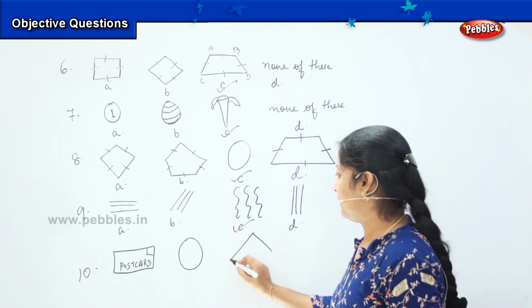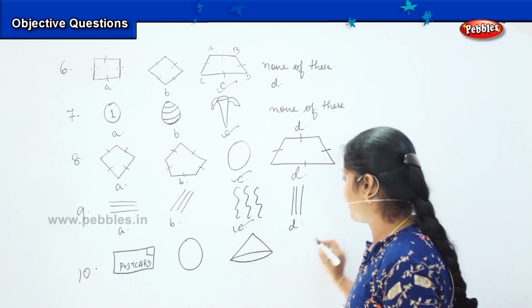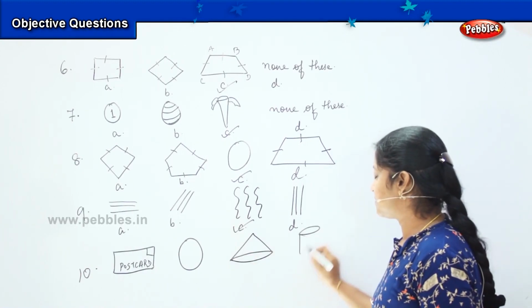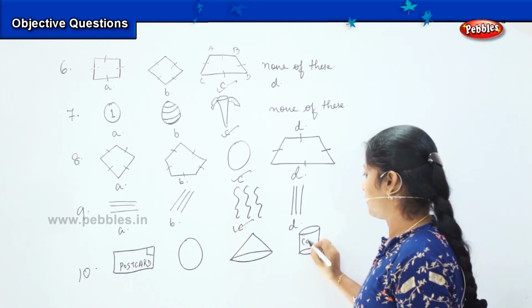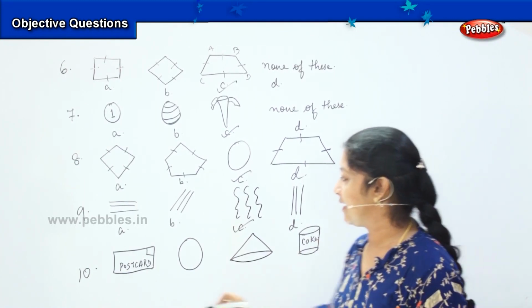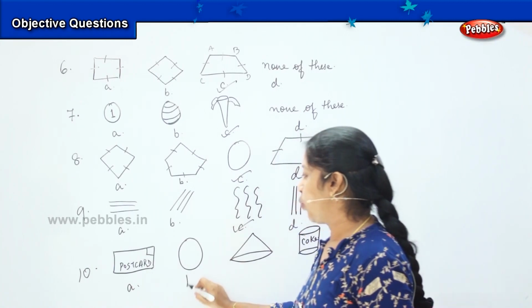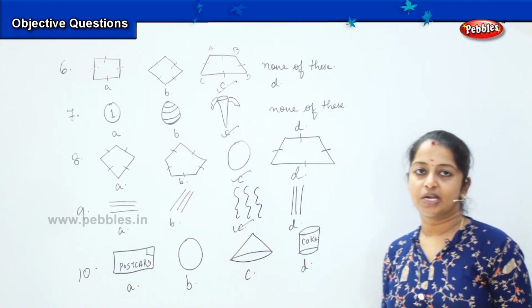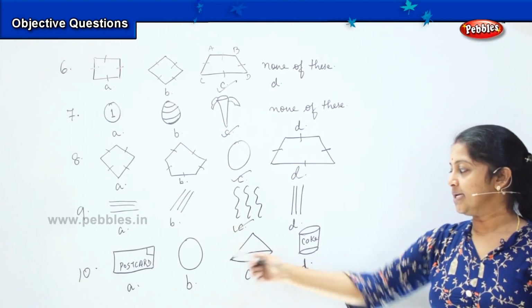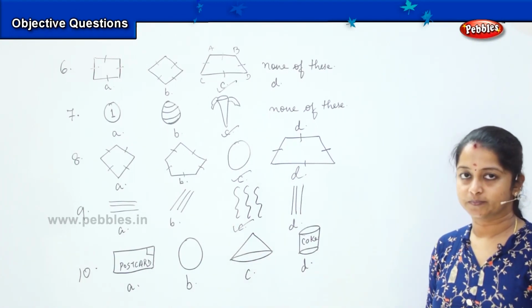This is my birthday cap. And this is my Coke can. Now you have to identify and tell me which among the following has a rectangular shape. Is it A, B, C or D?